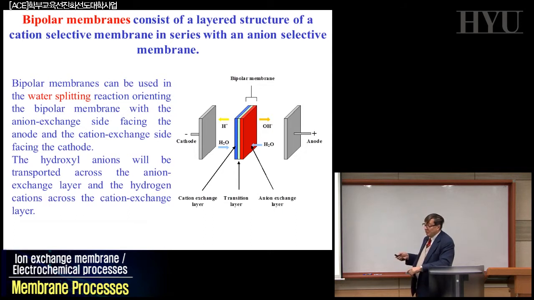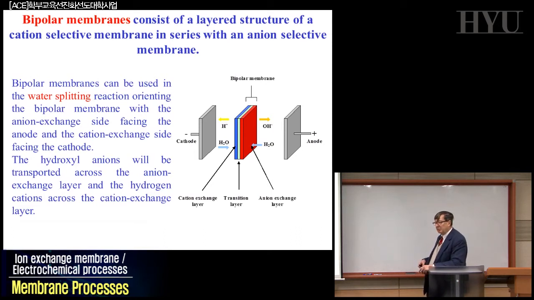Keep in mind that membranes can also be bipolar. We can have a system, for some specific applications, in which you combine anionic membranes and cationic membranes: membranes selective for anions, membranes selective for cations. This kind of system is interesting in some cases, for example, for water splitting.